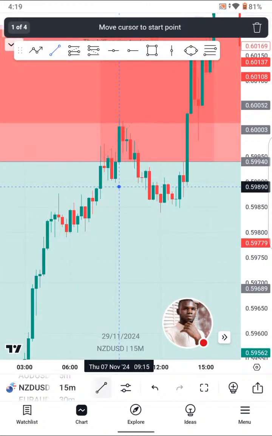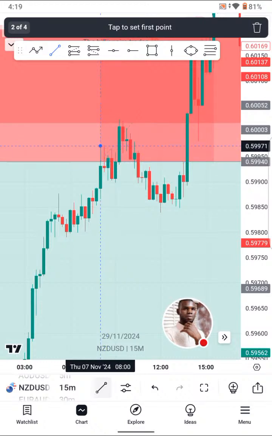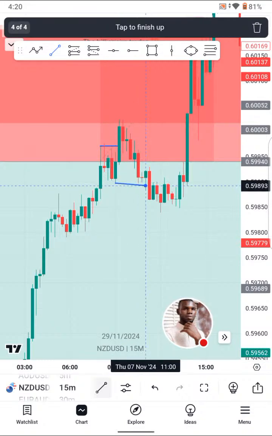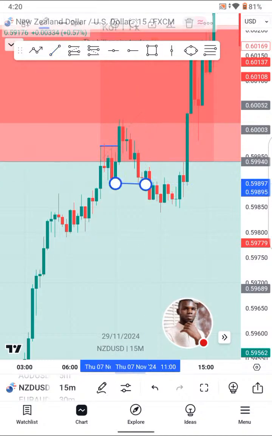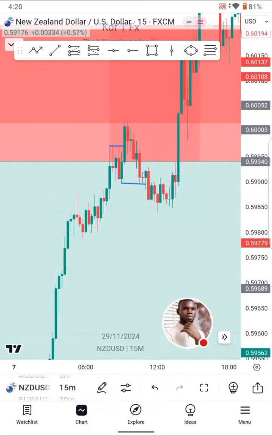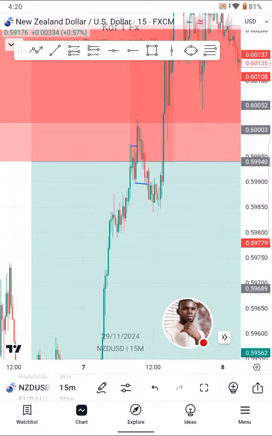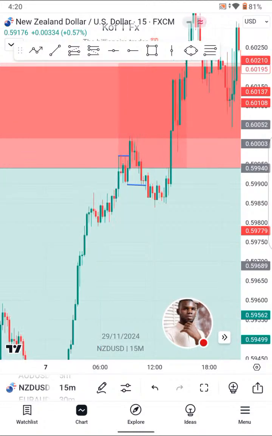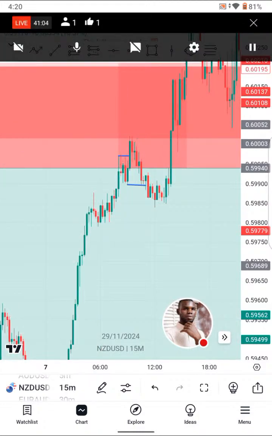Just like I said, I don't like this confirmation entry. Taking out this high and taking out the low. I don't like this confirmation entry. It was actually invalidated. So I could have lost the trade using this confirmation entry, but I don't like it.